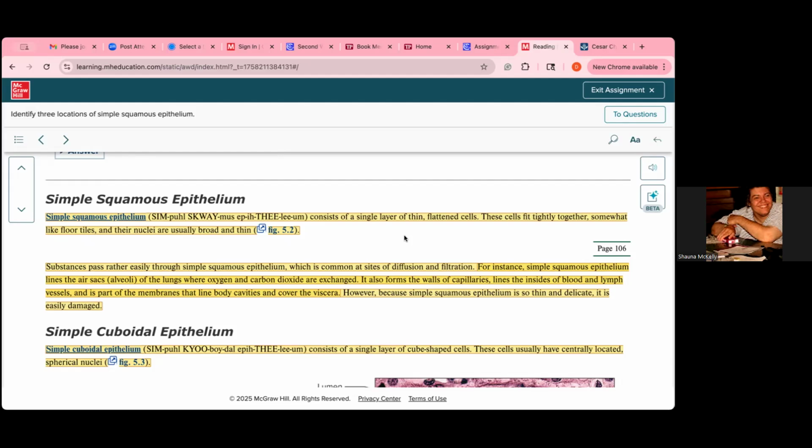Okay, so it lines the alveoli of the lungs where oxygen and carbon dioxide are exchanged, forms the walls of capillaries, lines the inside of blood and lymph vessels, and is part of the membranes that line body cavities and cover the viscera. Let's go back to the question.